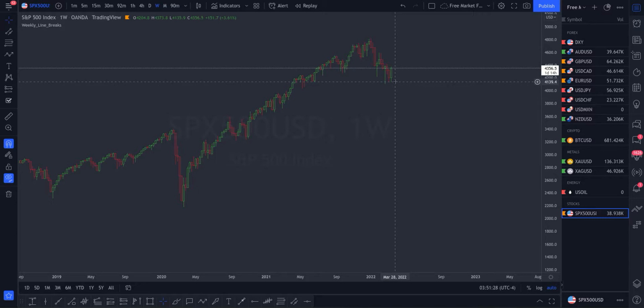All right, but only time will tell if this has actually been a bottom for the S&P 500. We are kind of getting a little bit of an engulfing pattern here on the weekly, but we still have the rest of today and tomorrow, so we'll see. We will see.